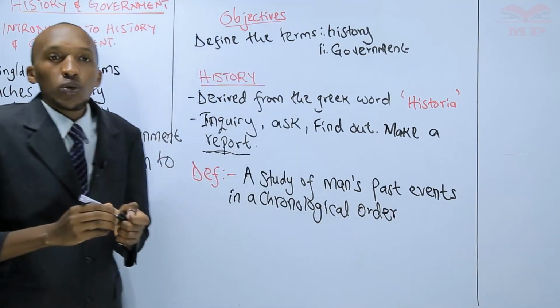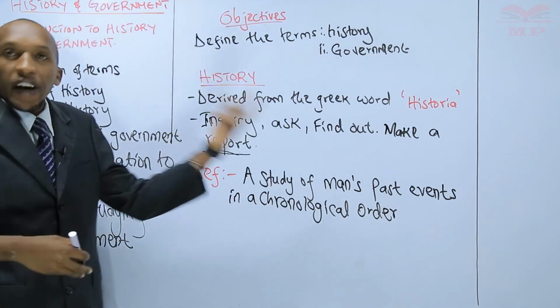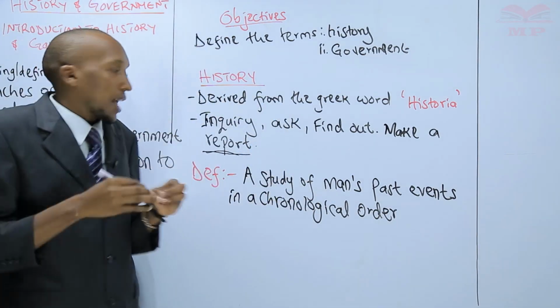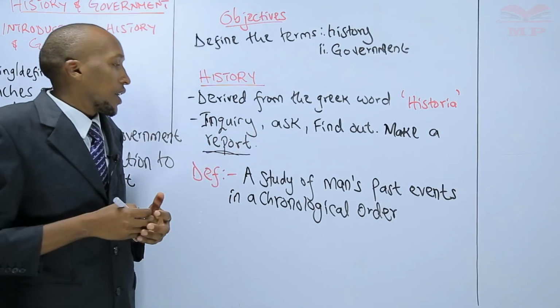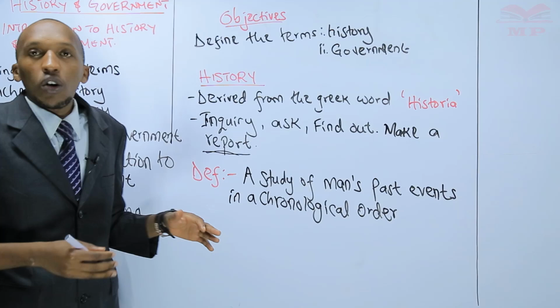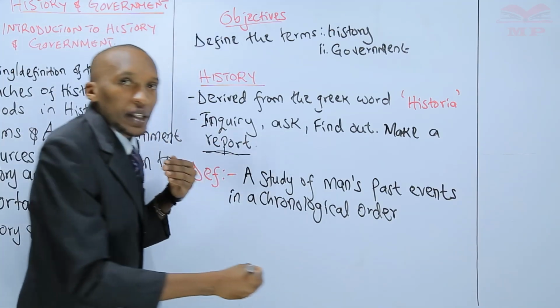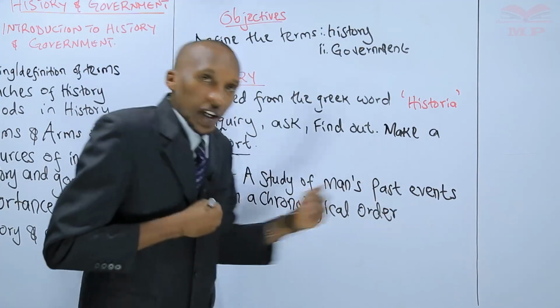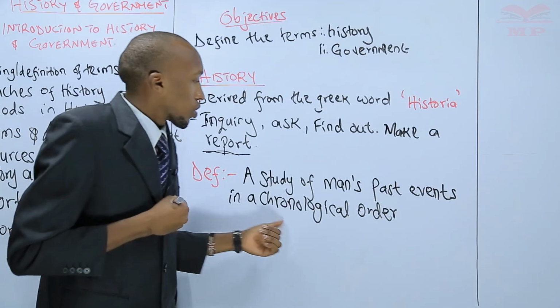You have to put the events that happened in a human being's life in chronological order. When you talk of chronology, you talk of one event happening after another. That is what we call chronology.